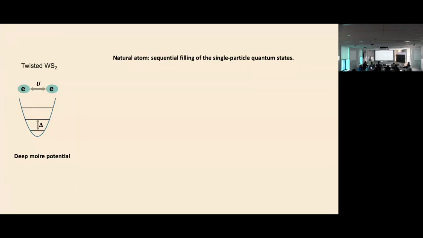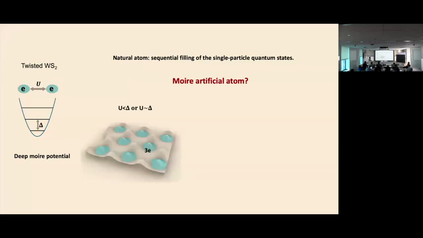Depending on the competition, the filling of electrons can happen in different ways. One is if this quantization energy is larger than the Coulomb interaction, then we'll just fill things one by one. The lowest state is filled with 2 electrons, and then another 2 electrons fill at the next higher state, and so on and so forth.